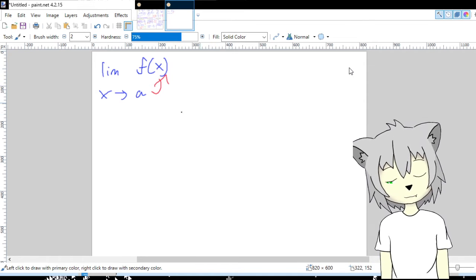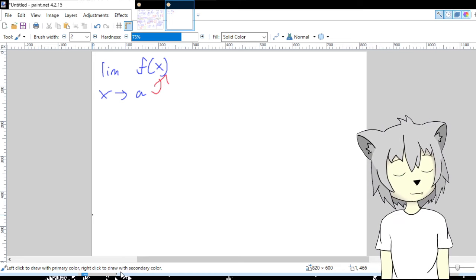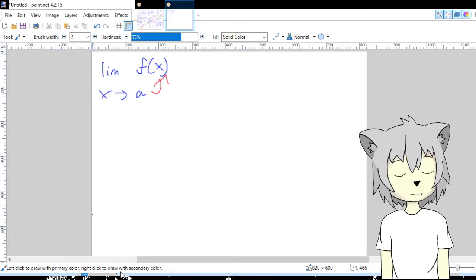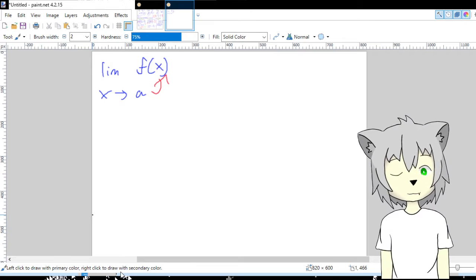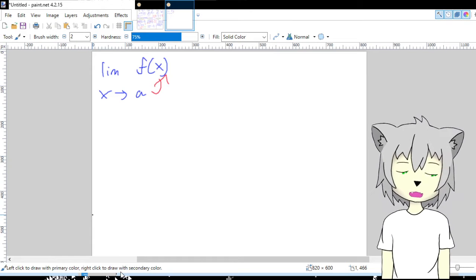Actual number, congratulations, you figured it out. If it's a 0 divided by 0 indeterminate, basically, you're probably going to have to factor something out.